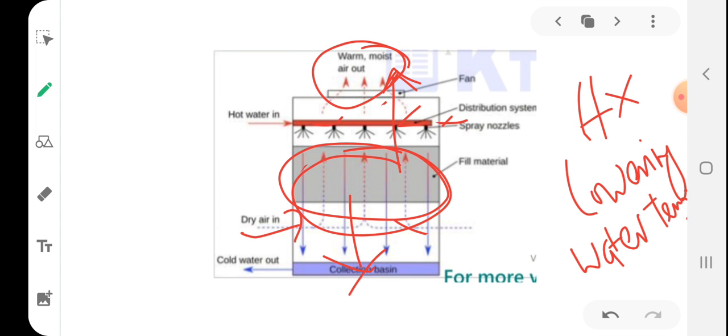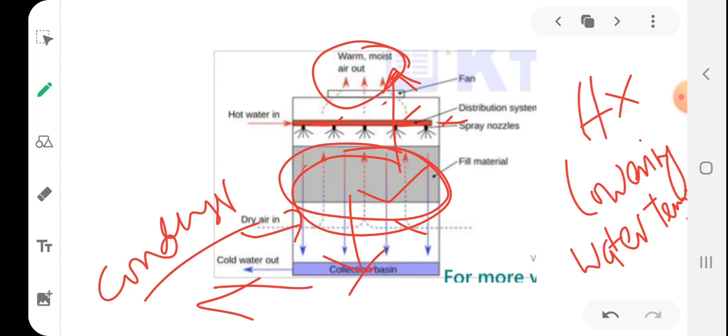Because the small amount of water evaporated in this portion will absorb heat from the remaining portion of water, right? So the water will have a lower temperature when it is collected in the basin, and this cold water will move out to the condenser, so the refrigeration cycle can continue working. So this is the basic working of a cooling tower.